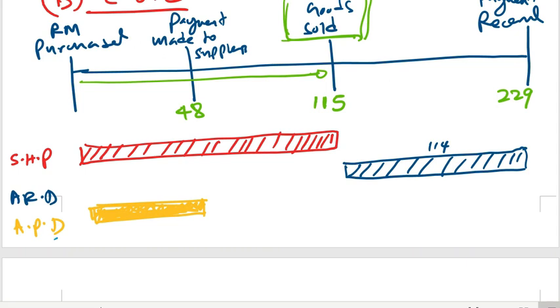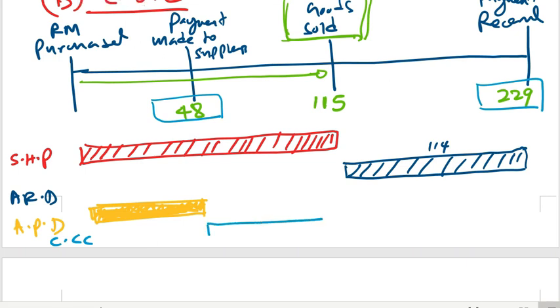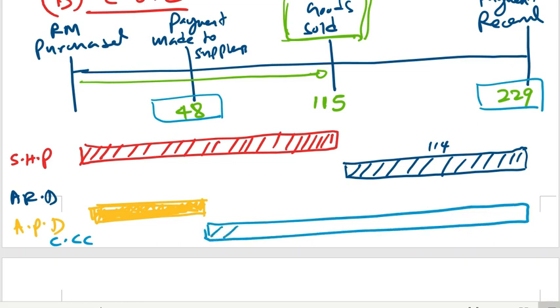Then your cash conversion cycle can be drawn between the payments made to suppliers and the collection receipt from the customers. So basically this will be the cash operating cycle, which is 229 minus 48 days, so 181 days.